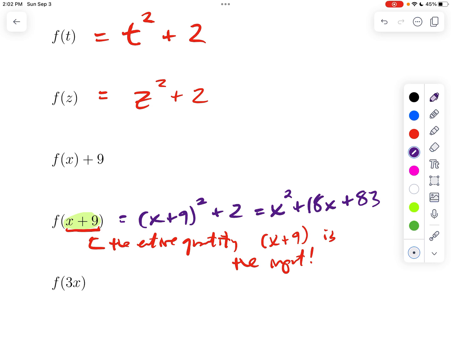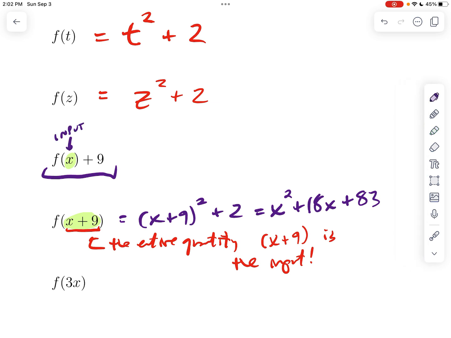Let's contrast this with what we see up here. Here we're noticing, as far as f is concerned, the input is just x. F of x is x squared plus 2. And then we add 9, and we get x squared plus 11.